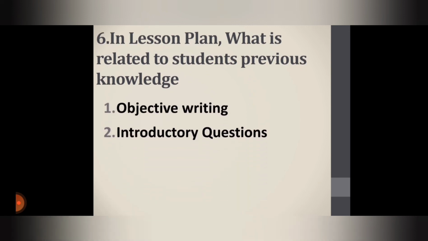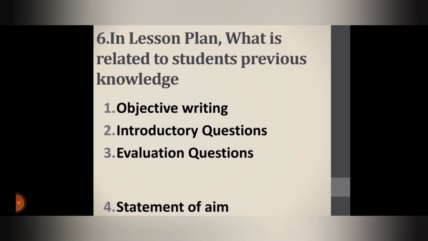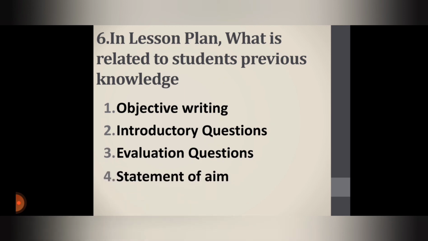Next question we have, in lesson plan what is related to students' previous knowledge? This is a question from the UPTET. Recently the paper got leaked, so the question is from that paper. Now we will see the options: objective writing, introductory questions, evaluation questions and statement of aim.